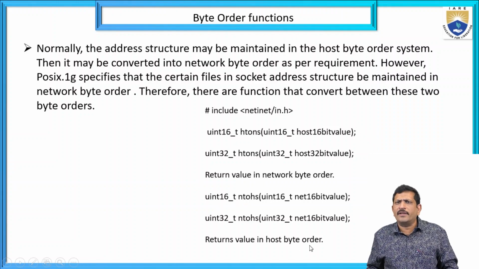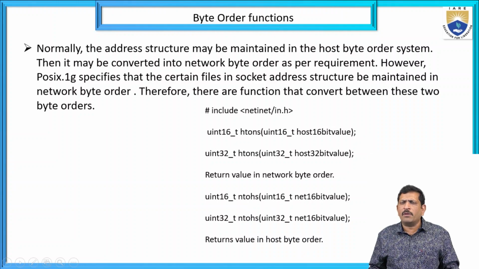After converting, the values can be written in network byte ordering from lower order to higher order or higher order to lower order. After converting, they return the values in host byte ordering or network byte ordering.